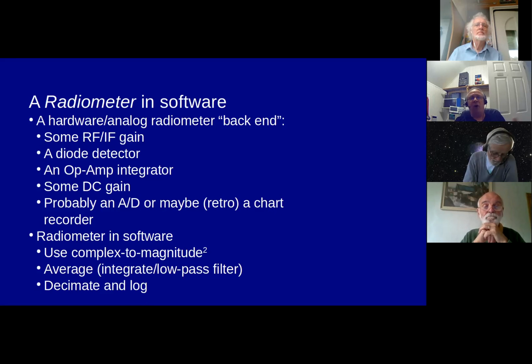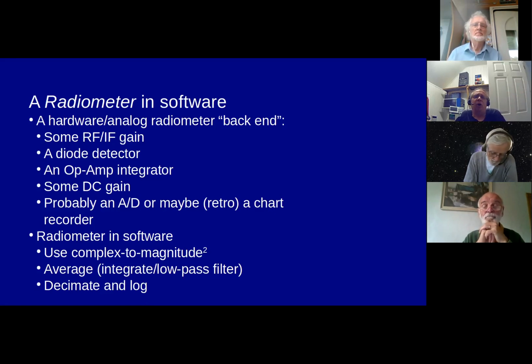You'd have some RF and IF gain, and of course you'd mix it down to an IF or whatever. You'd have a diode detector, an op-amp integrator, some DC gain, and possibly, if you were more modern, an A to D on your computer, a relatively low speed A to D, or maybe a chart recorder. And that would be your radiometer.